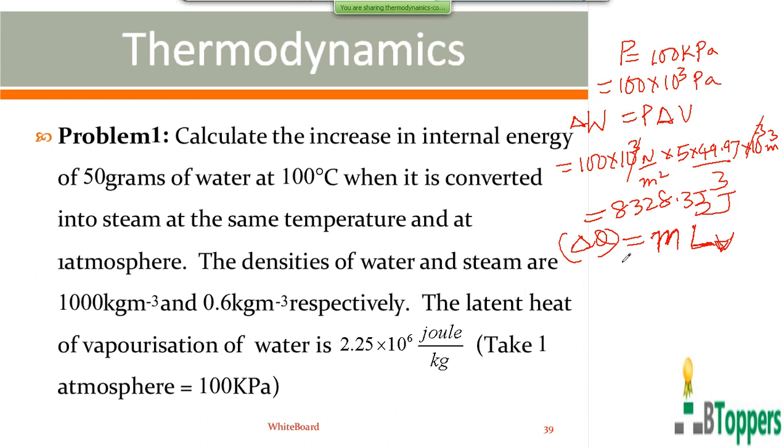So the heat energy absorbed by the water during evaporation is equal to the mass of the water into the latent heat of evaporation of water. The mass of water is 50 grams or 50 into 10 power minus 3 kg. The latent heat of evaporation of water is 2.25 into 10 power 6 joule per kg. So you can try to simplify it further.